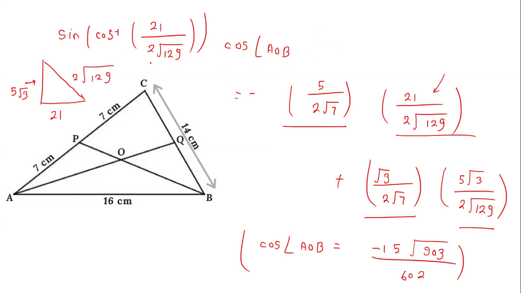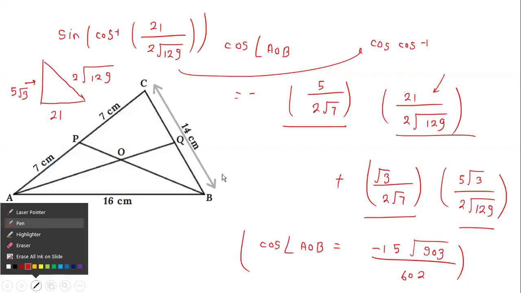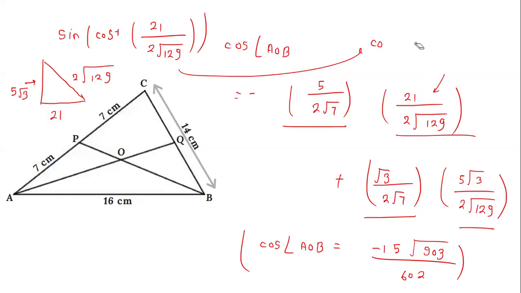So you can write this same thing in terms of sine: it is sine outside, and this angle you can write as sine inverse of 5 root 3 divided by 2 root of 129.